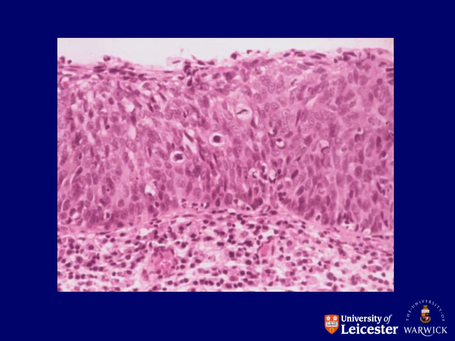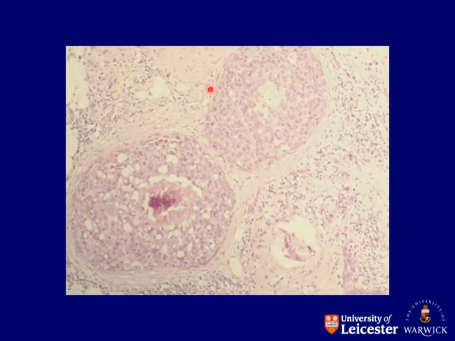Another feature, you can see these glandular structures in which the atypical cells have filled up the cavities, yet the basement membrane is not broken, and there is no infiltration of these atypical cells.